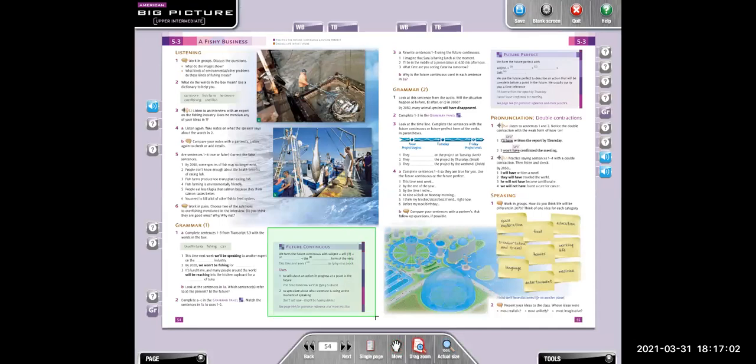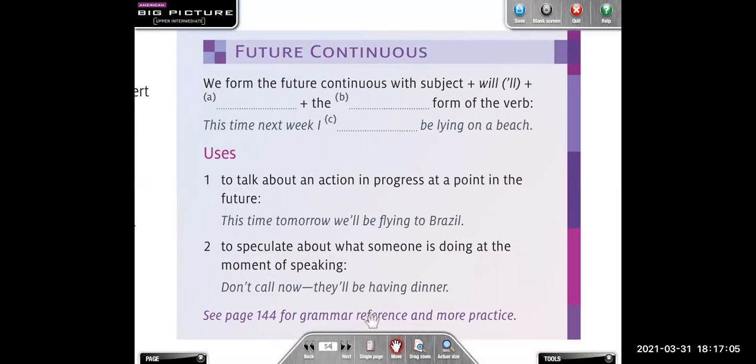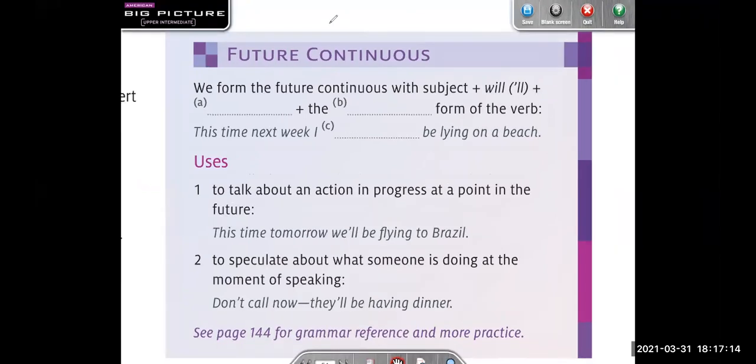Future continuous. We form the future continuous with subject plus will, and after will we use be, right? And after be, the ing form of the verb. For example, this time next week, I will be lying on a beach.